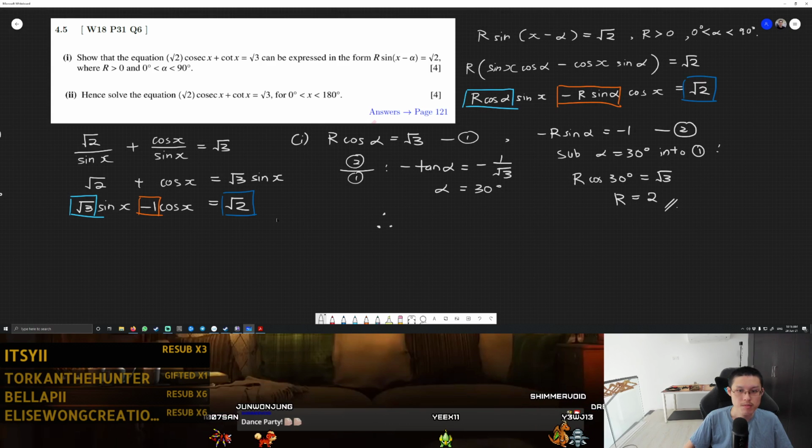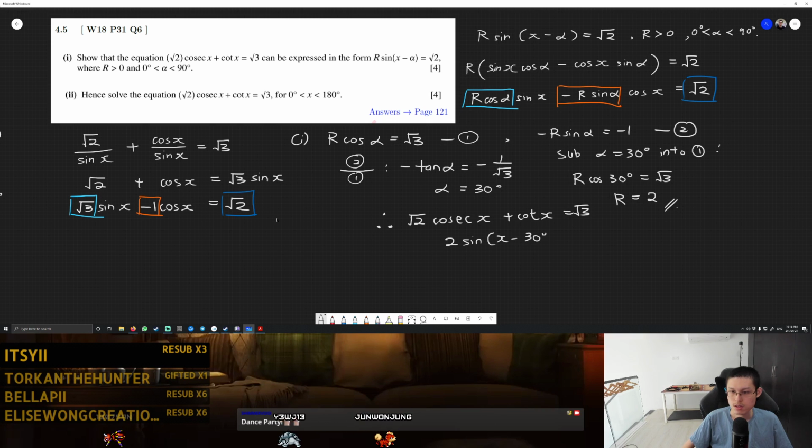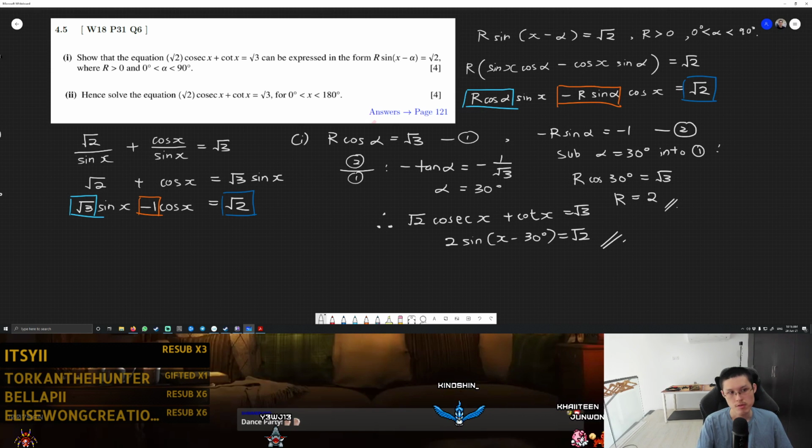Therefore, root 2 cosec x plus cotangent x equals root 3 is actually 2 sine (x minus 30 degrees) equals root 2. And done. And they ask you to solve this equation in part 2, so we just solve it normally.